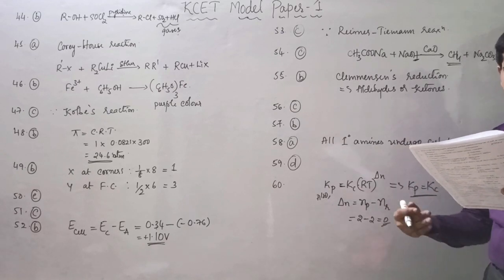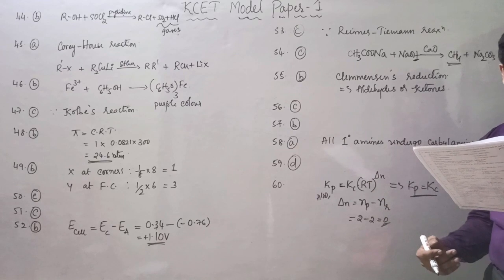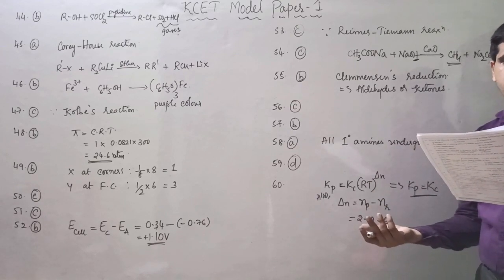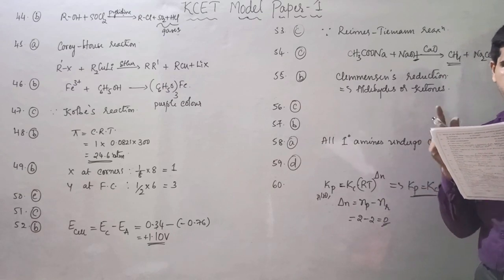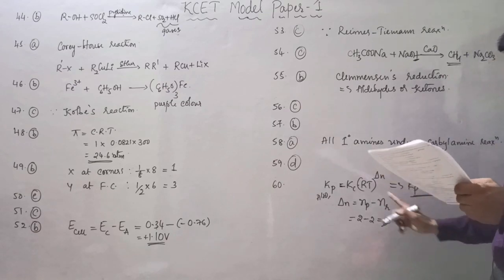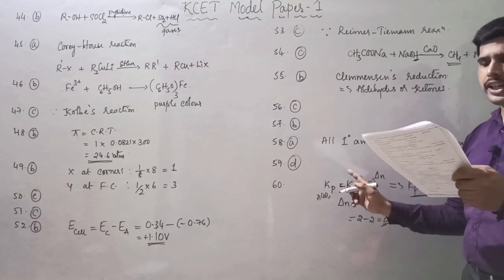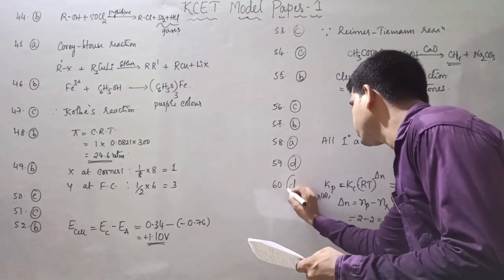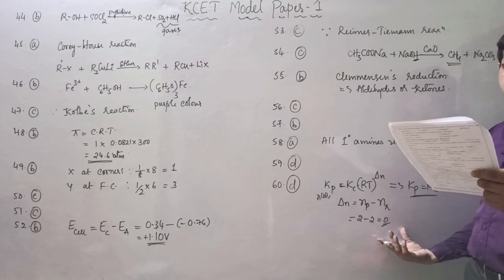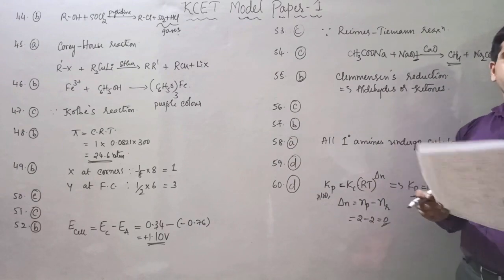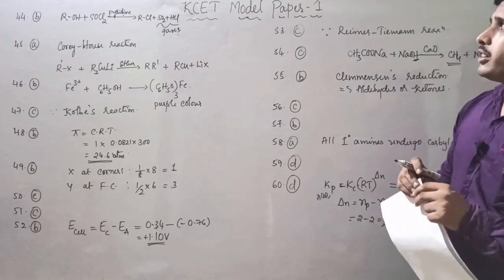We know the equilibrium constant depends on the temperature, and here delta n is 0, so you can select the right option as option D, because Kp equals Kc in this case. So with this we have completed the first model paper.